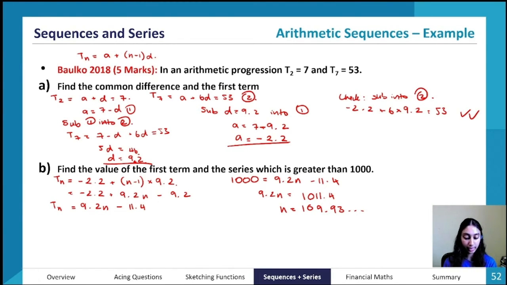So if I go to 110, I should be, yeah, 1,006. Okay, so therefore n is equal to 110, but that's not answering my question. The question wants me to know the value of the first term. T110 is equal to 1,000.6. And that's how we answer this question.